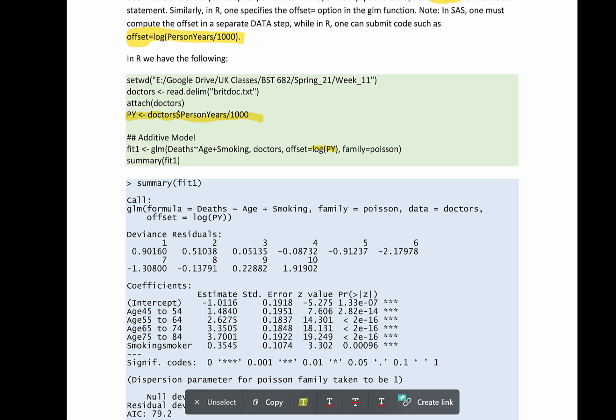That would have also been perfectly fine. You do have to be a little bit careful when you do that, though, because since we have defined that we're using the doctors data set, you could probably just have person years divided by 1,000. You always want to be careful with that with any GLM or LM. If you're calling the data set in there, you don't need to recall the data set, or vice versa.